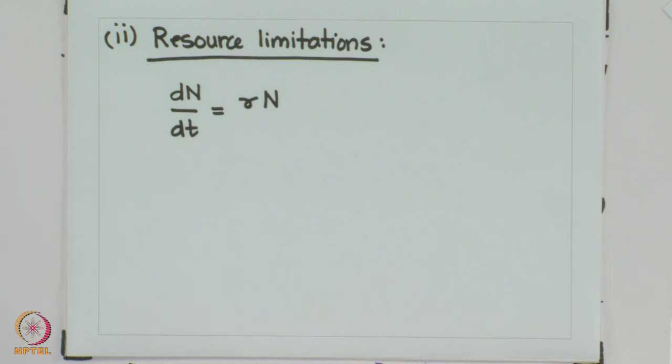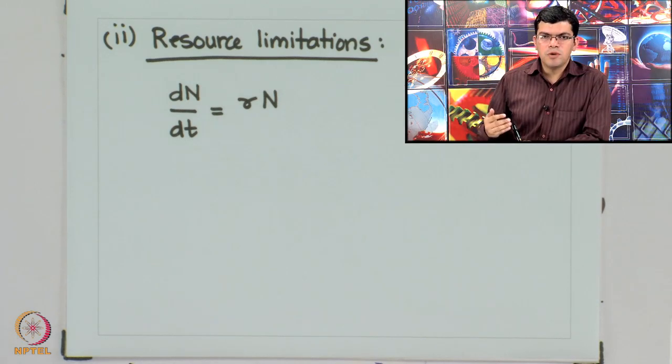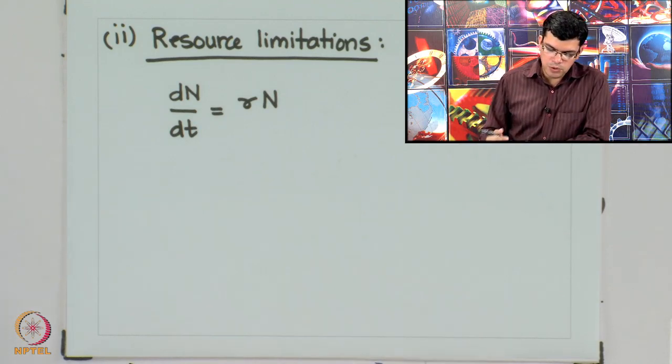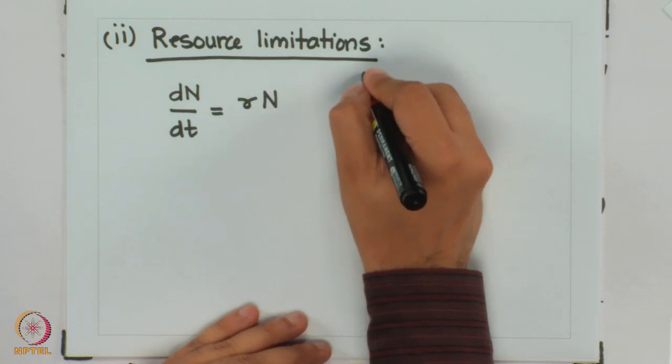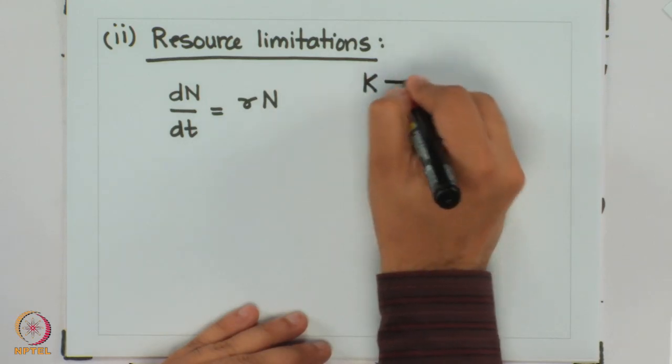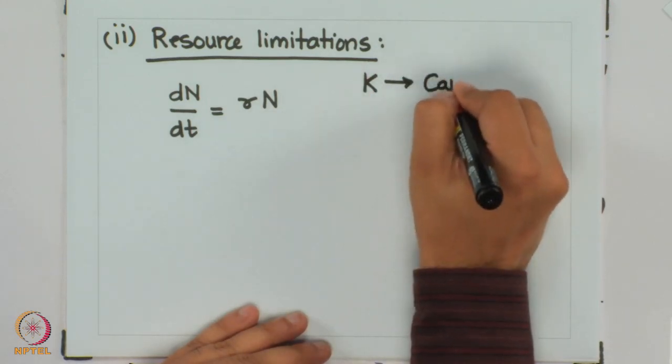If it was unconstrained growth, this is the equation that we would get. But limitations happen. The environment in which this experiment is taking place is not going to be able to support growth for a very long time. So, how do we incorporate that limitation? The standard way to do that is by introducing a variable called K, which is called the carrying capacity of the environment.